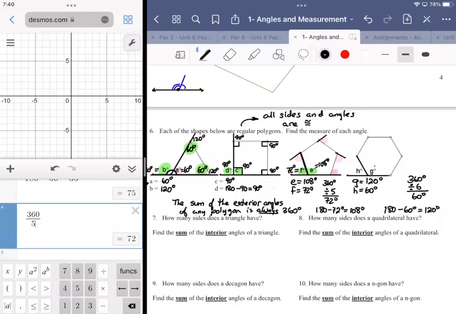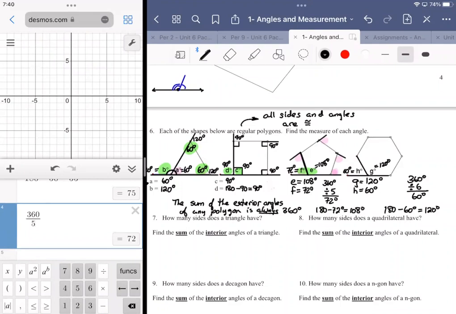If I know that this one is 120 degrees because this one was 60, 120 multiplied by 6 would tell me the sum of the interior angles of the hexagon. But like in number 7 and 8, we already knew that stuff. That's how we were able to figure everything out.